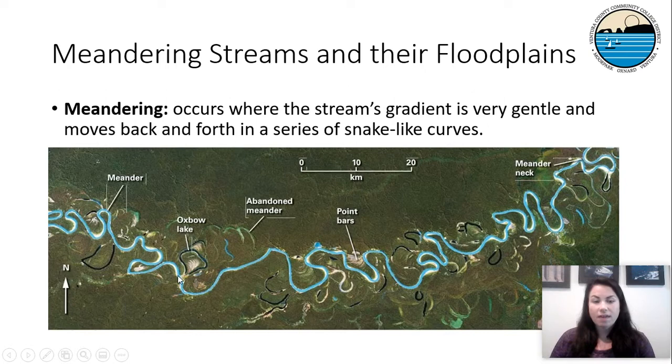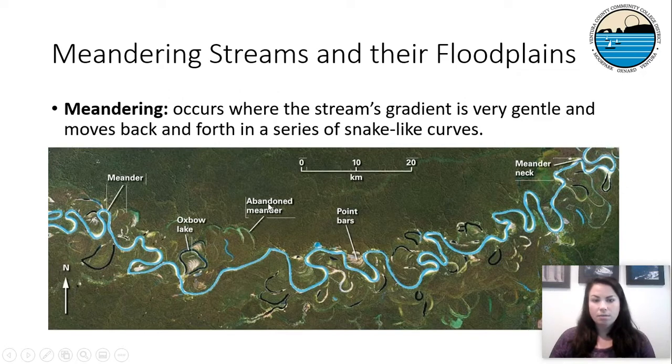An example of that is called an oxbow lake, where we have a meandering stream that once went all around this lake and back down, but then over time it made a shortcut and cut this off, and that's called an oxbow lake. Sometimes this oxbow still contains water, sometimes it doesn't.